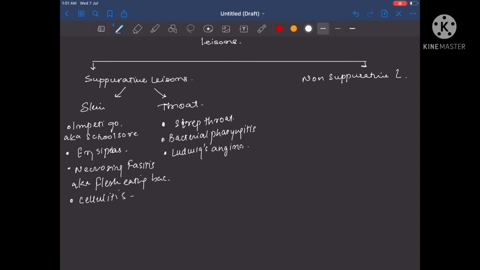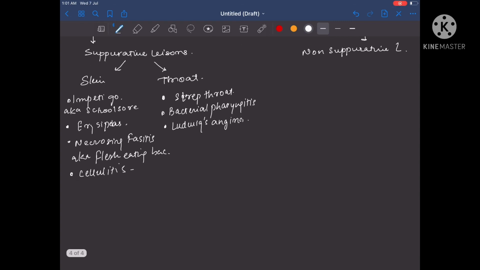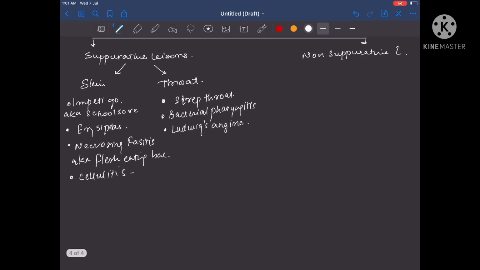Coming to the non-suppurative lesions, it's very important to discuss and differentiate them. You should know that there is no pus formation here. The one is acute rheumatic fever and the other is post-streptococcal glomerulonephritis.